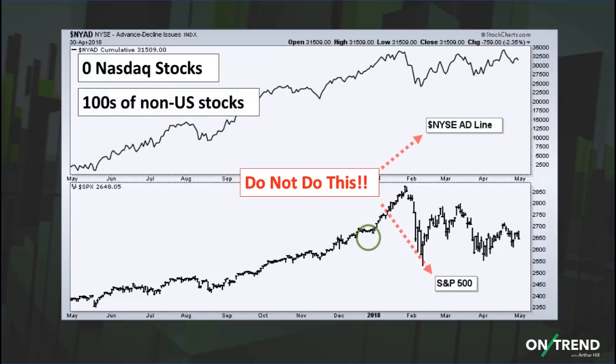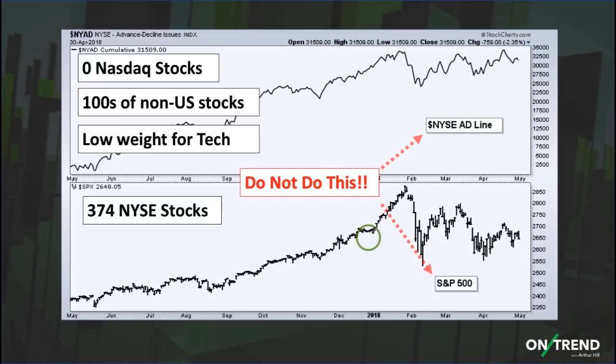Hundreds of non-US stocks are also traded on the NYSE, lots of ADRs. You also have a relatively low weight for the technology sector. That might be good or bad, but if you're comparing the NYSE with the S&P 500, it doesn't make sense because the S&P 500, of course, has a big weighting in the technology sector.